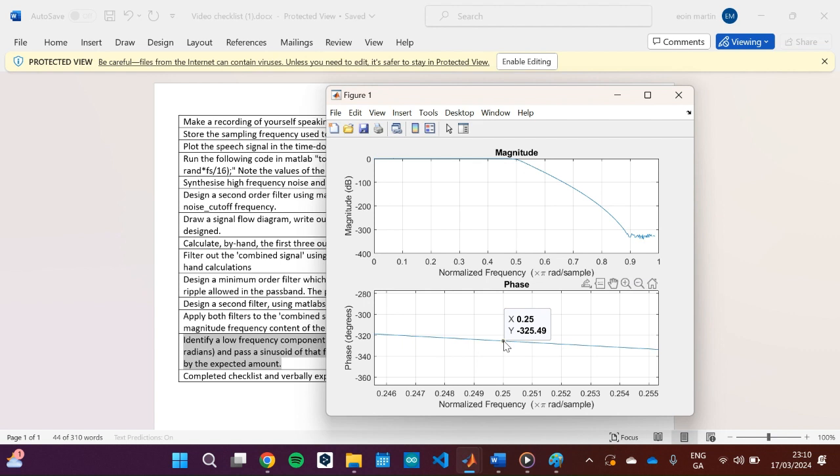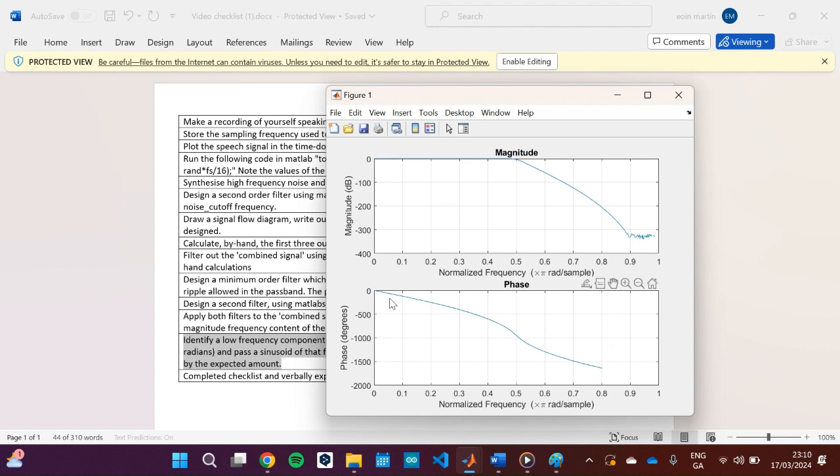Now that's a big degree shift. I've done that wrong. I'm looking for 45 here. Pi over 4 radians would be close to 45 degrees, so I'm looking for something here.